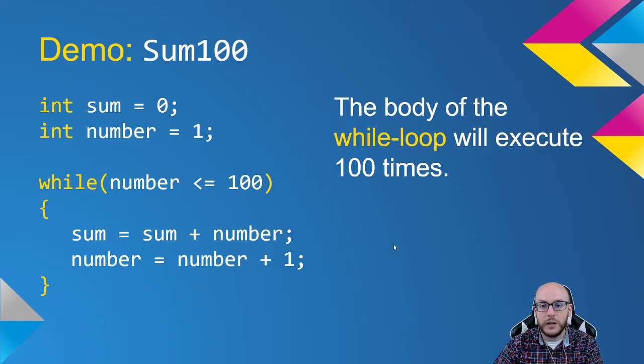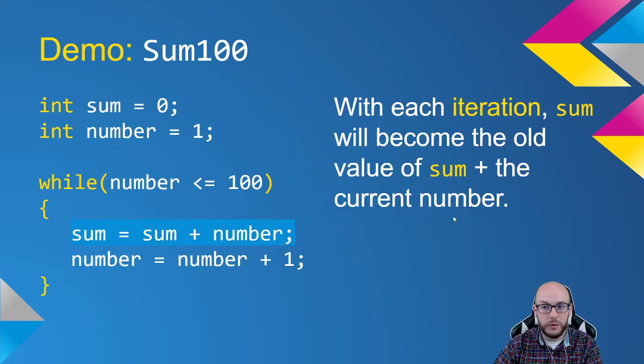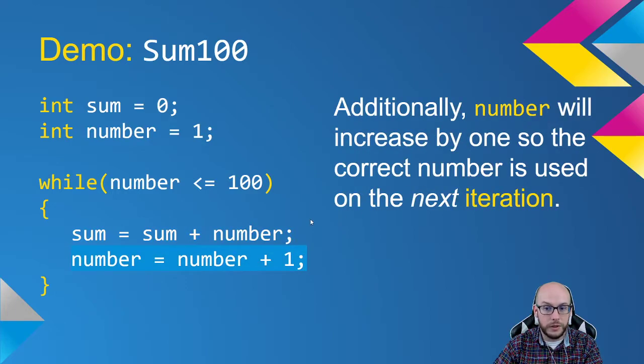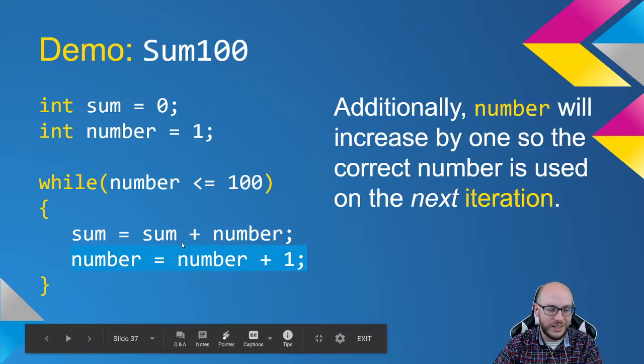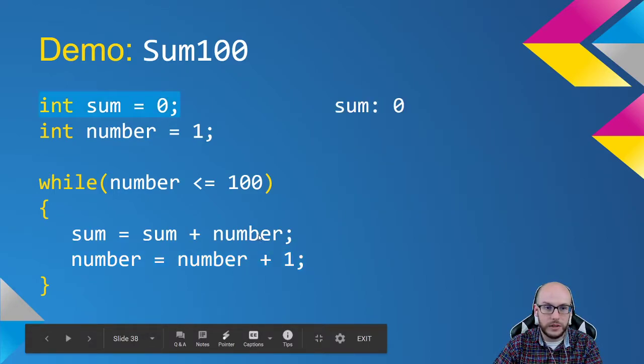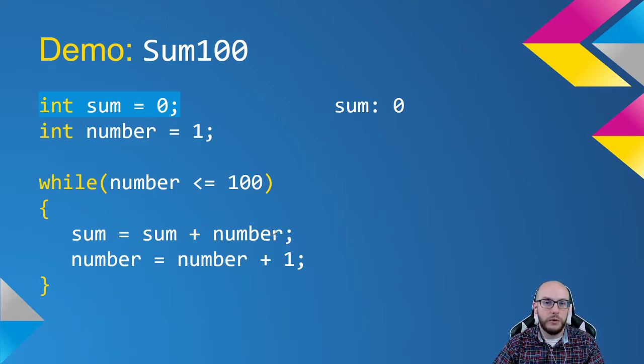This particular while loop will execute 100 times. With each iteration, sum will become what it was plus the current number. Additionally, number will increase by 1 so that on the next iteration, number is 1 higher.